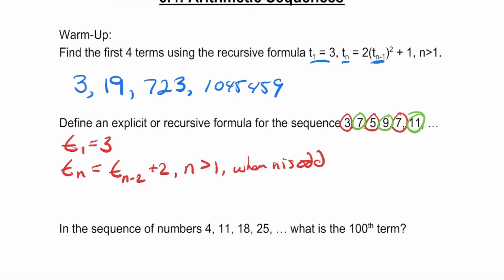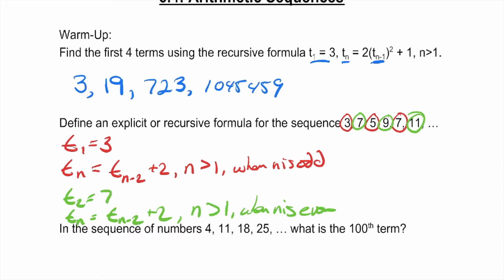Here we could say that t of 2 is equal to 7, and similarly t of n is equal to t of n, the second term before that, plus 2, for n greater than 1 when n is even.